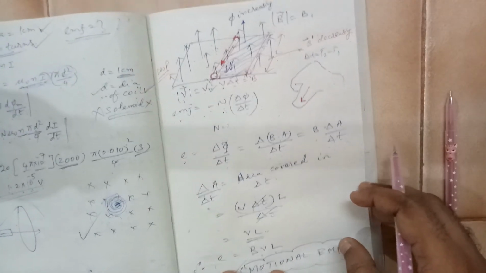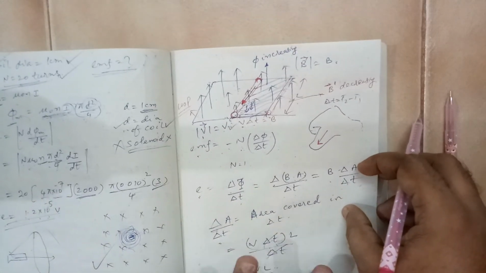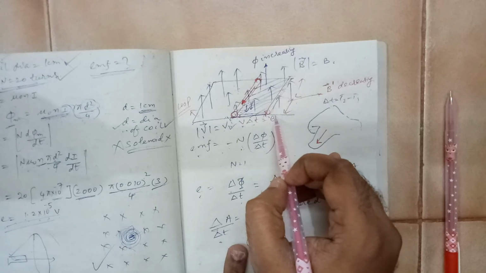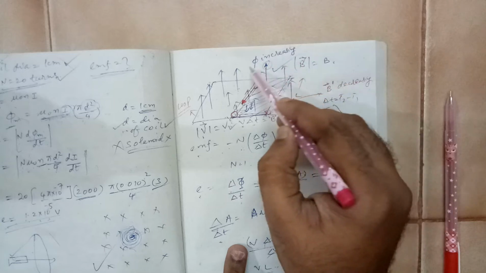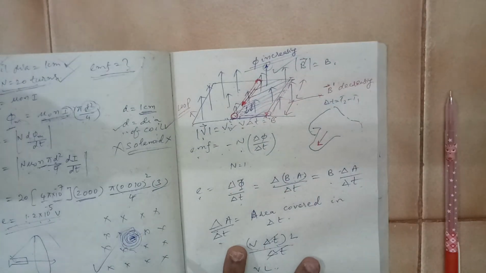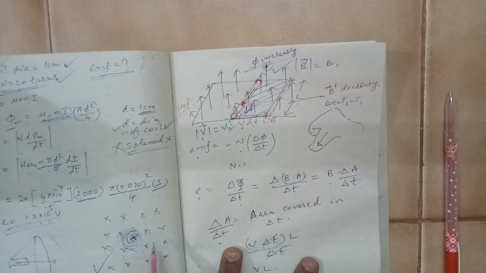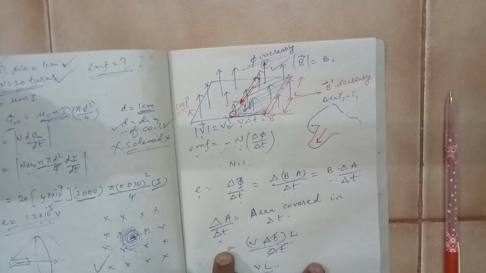Now if you want to know the direction of the current, let us see what is happening. When you are rolling this cylinder, the flux is changing. The flux is changing in which direction? In this direction. So as per our concept, the magnetic field should reduce the effect of change in flux. So the magnetic field direction should be in the opposite direction.